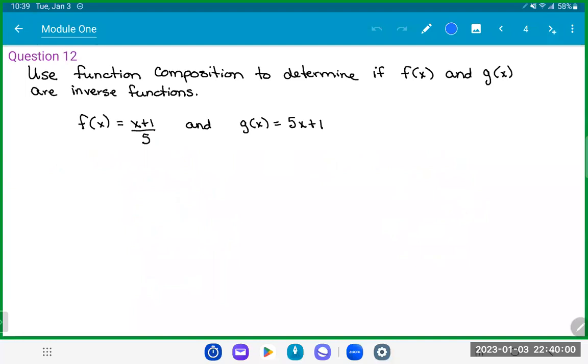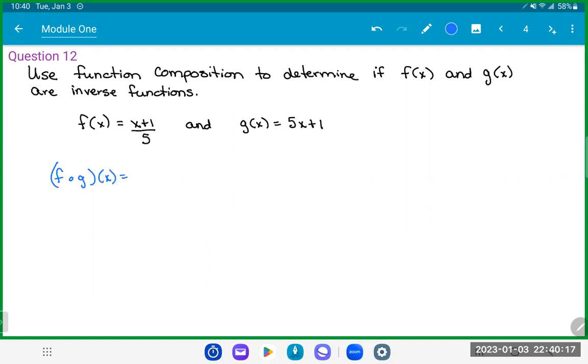Now let's look at another example. Same Mobius problem, just a different look at the example. Okay. So let's look at our f of g of x.